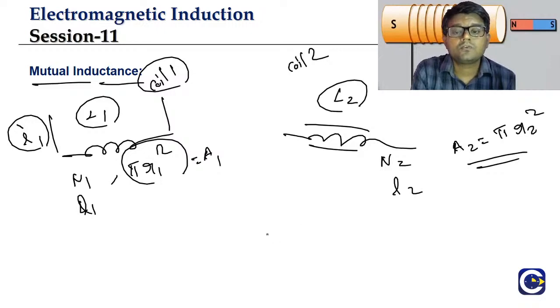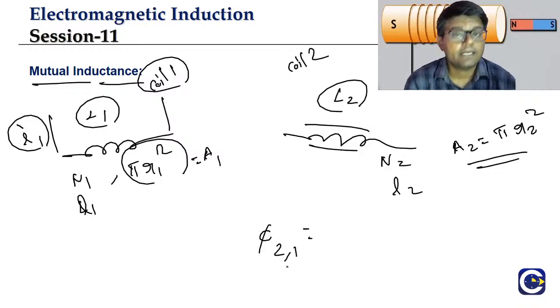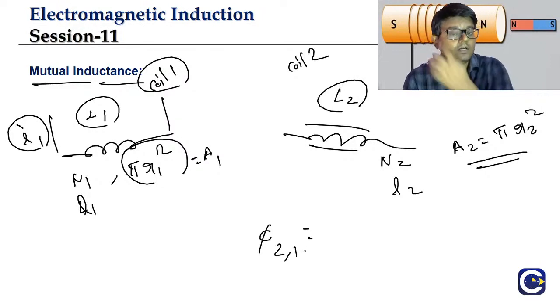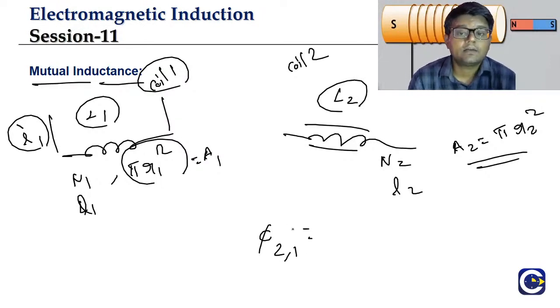So the flux through coil 2 because of the coil 1 current, if we express it as a constant M, here again we will say 2,1 means the mutual inductance of coil 2 because of coil 1 current, into I1.